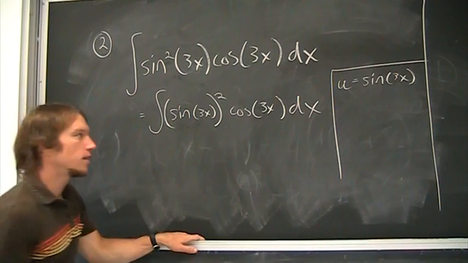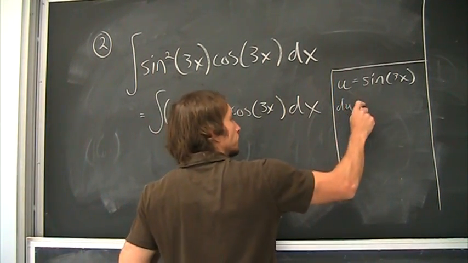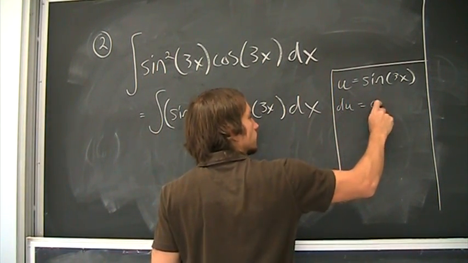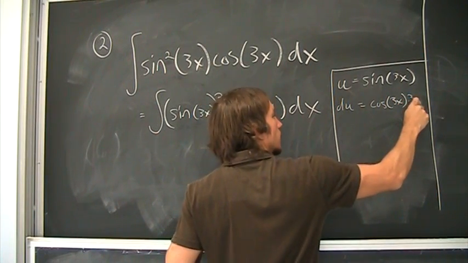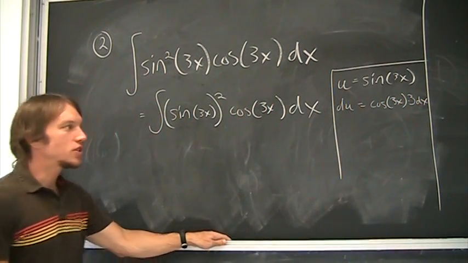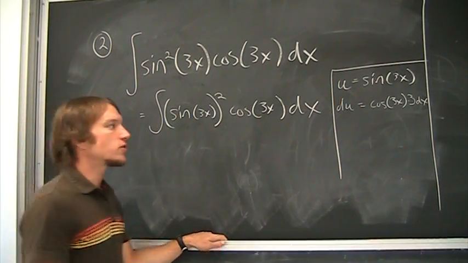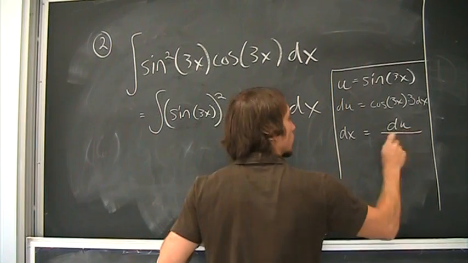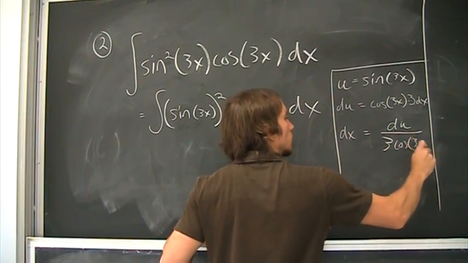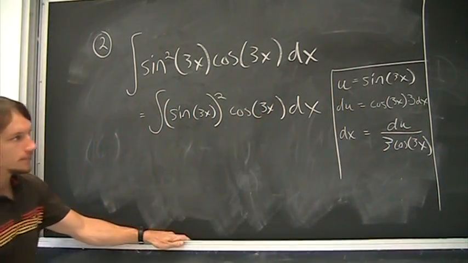And then take the derivative. Cosine 3x times 3 dx, that's my chain rule, okay? So if I solve that for dx, I get du over 3 cosine 3x.